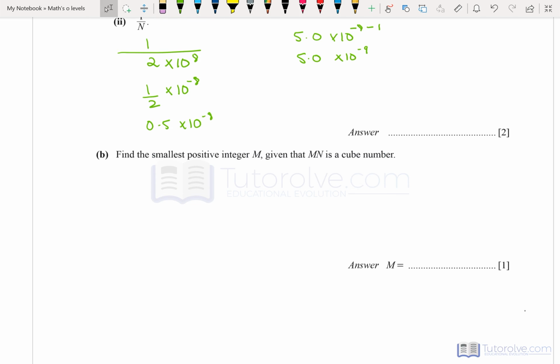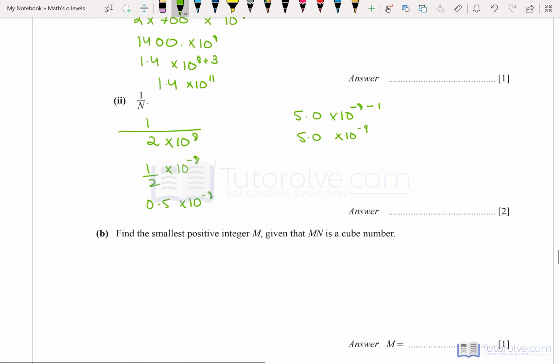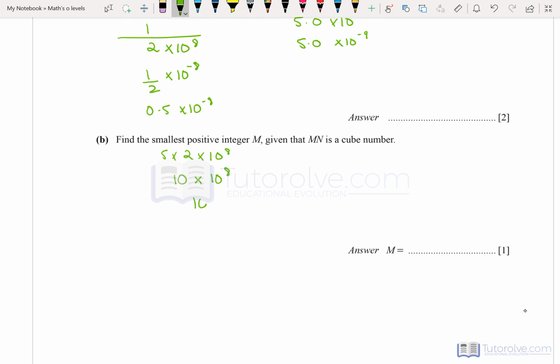Now we have to find the smallest positive integer m such that mn is a cube number. This is 2 times 10 to the power 8. If you multiply this by 5, 2 fives are 10, times 10 to the power 8, so this would be 10 to the power 9.